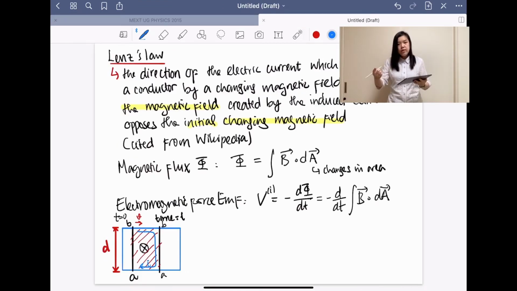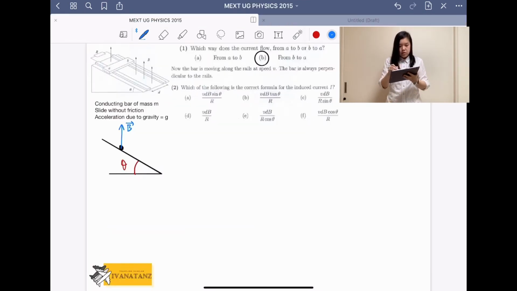In which way does the direction of dA point? If we have an area like this, the direction of dA is just the perpendicular of the area, so in this case it is this way.